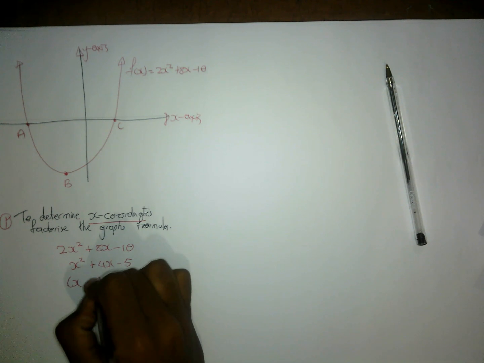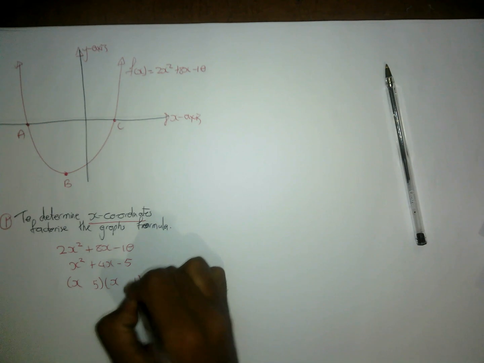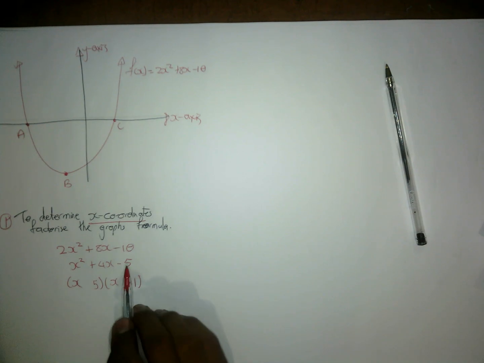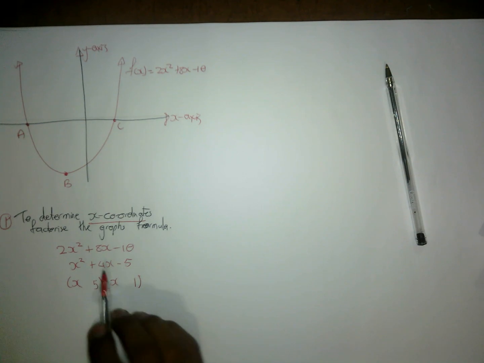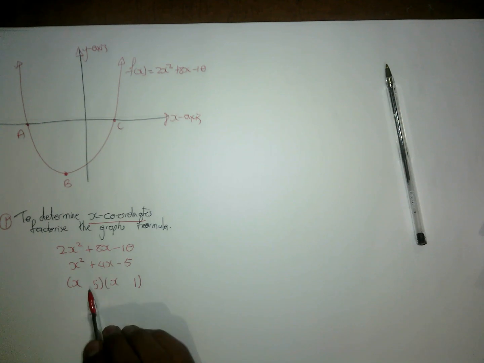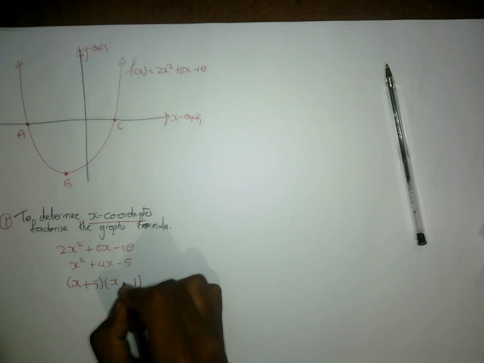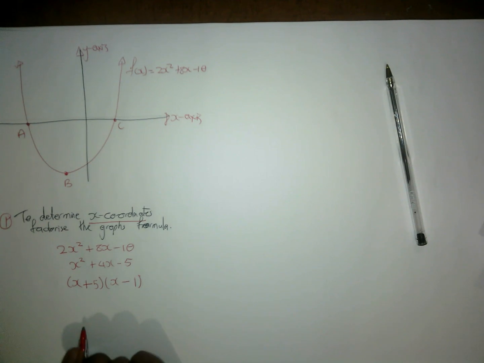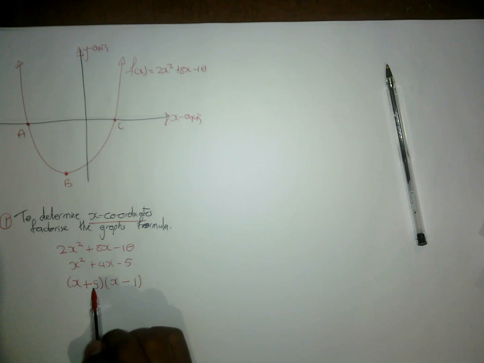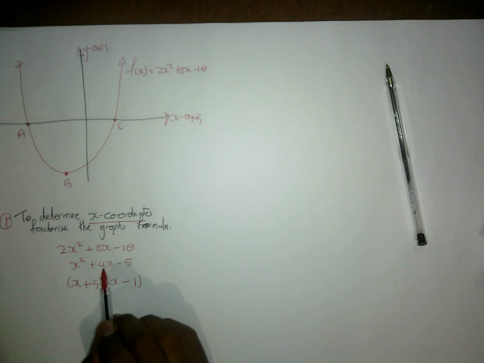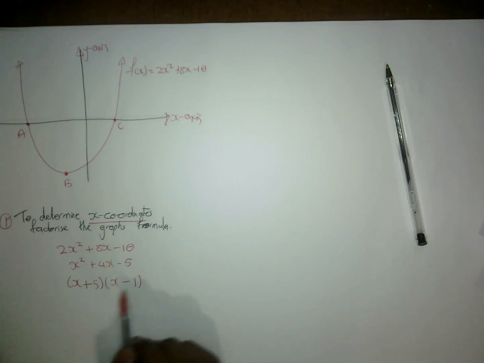So it's going to be a 5 and a 1. 5 times 1 is 5. So we have a positive here, that means our biggest number must be positive. The 5 gets the positive and negative 1. So 5 plus negative 1 gives us 4, and 5 times negative 1 gives us negative 5.